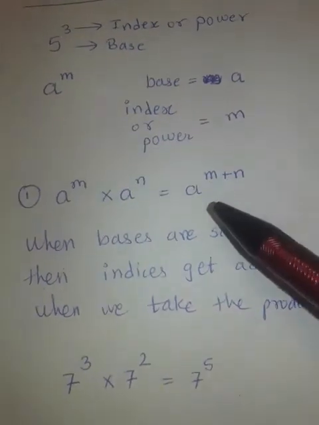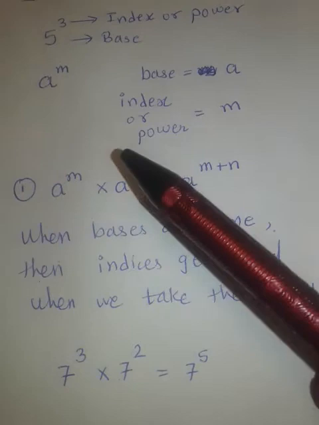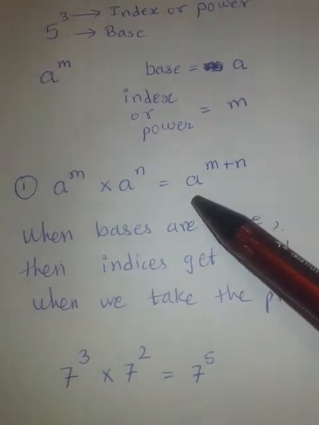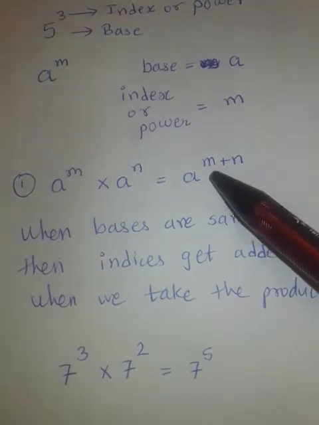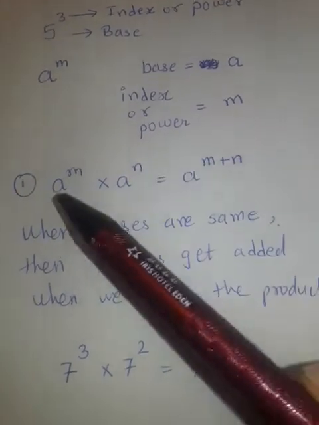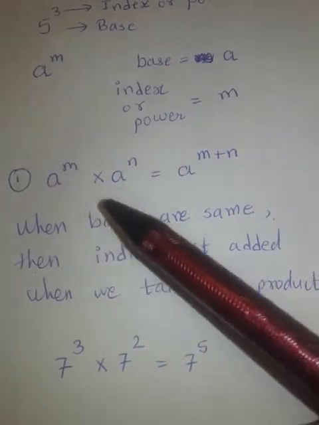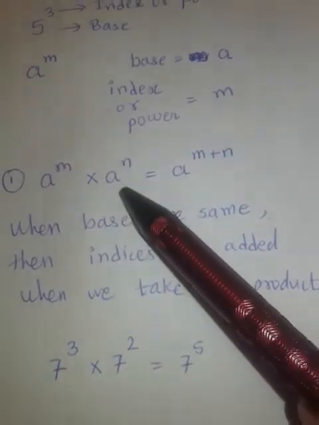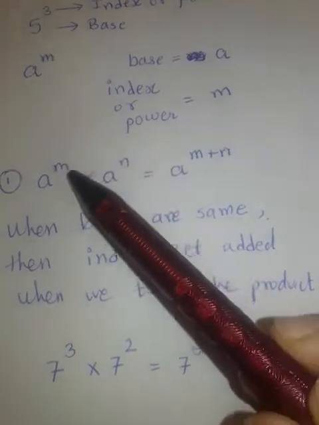Now the very first rule: a raised to m multiplied by a raised to n is equal to a raised to m plus n. What do you observe here? Here we are taking the product of two numbers where the bases are the same. Here also a, here also a, but the index is different.